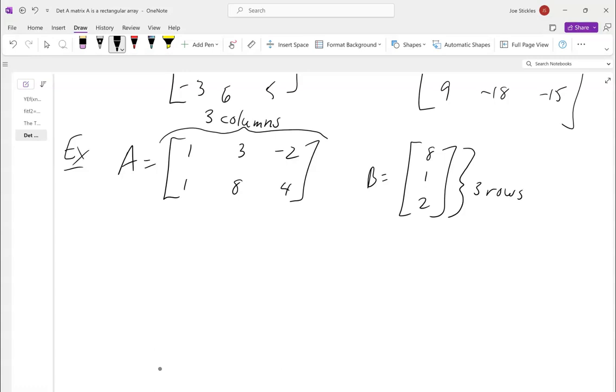If that doesn't match, you can't multiply the matrices together. So if I use that rule, I can multiply A times B in that order, but I can't do B times A. B only has 1 column, A has 2 rows. So A times B is defined, and B times A is not.